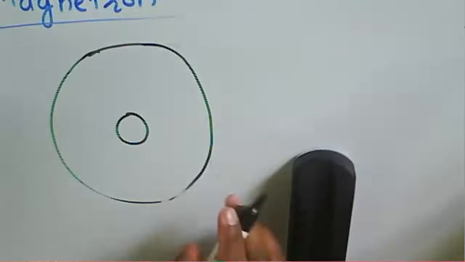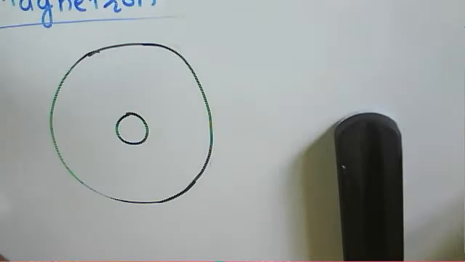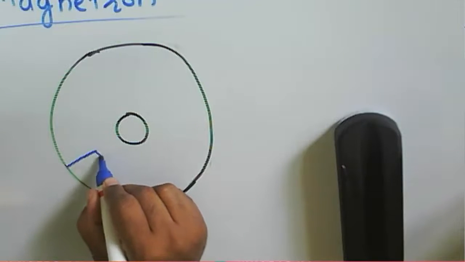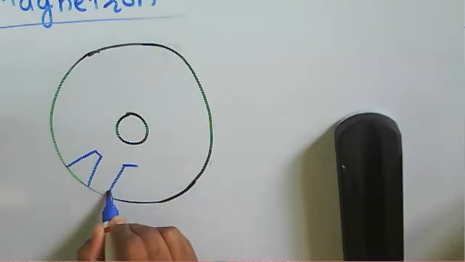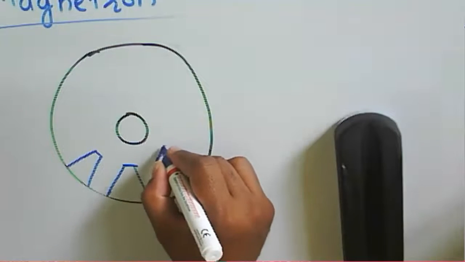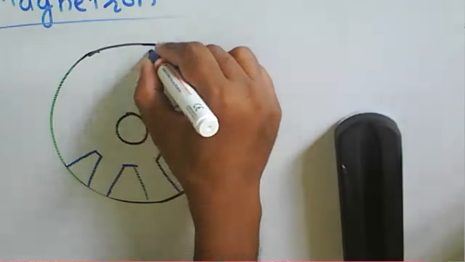Okay, this one is a circular one. This one we consider here, and this one is about the anode.